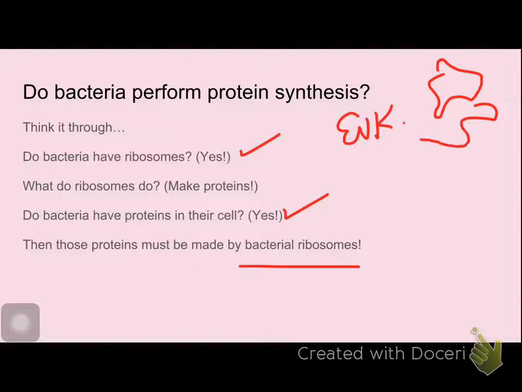It's a terrible drawing, you don't have to replicate that, but if that's a eukaryotic ribosome, a bacterial ribosome is more like that. They're smaller, there are fewer moving parts, they're just, in general, simpler, just like bacteria in general are simpler kinds of living things than we are. So the answer to this is, yeah, they do perform protein synthesis.